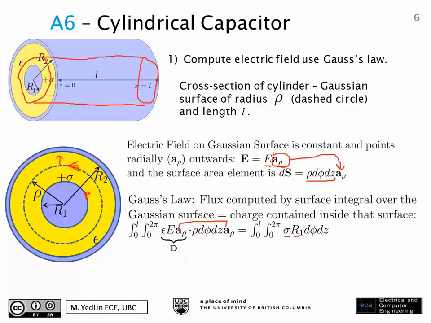You can anticipate that this will look something like epsilon times E times the area of the Gaussian surface, equal to sigma times the area of the inner cylinder surface. So that's the relation. This is very similar to what you learned in Physics 253.